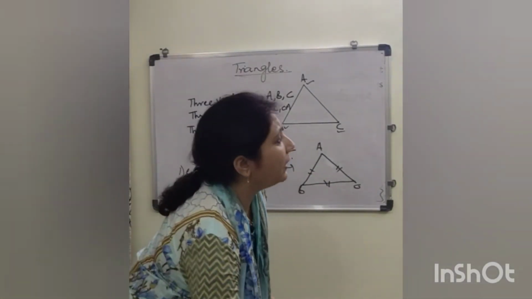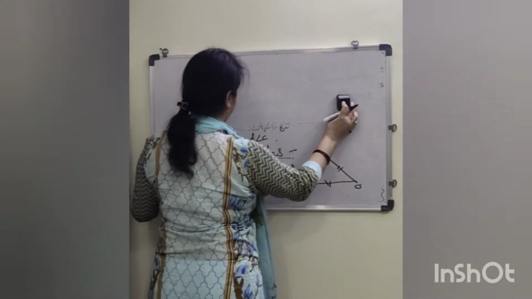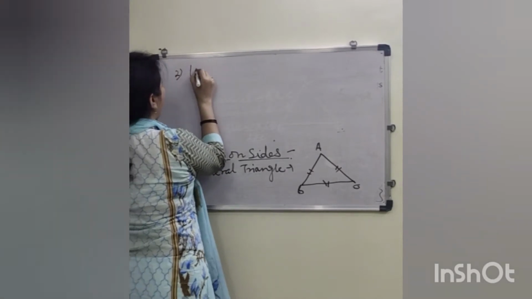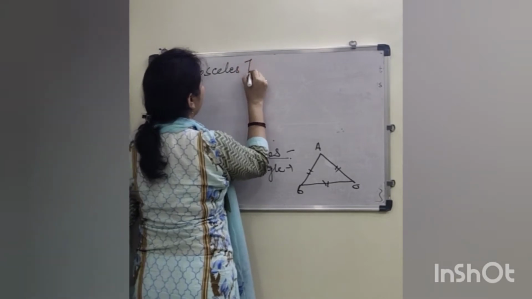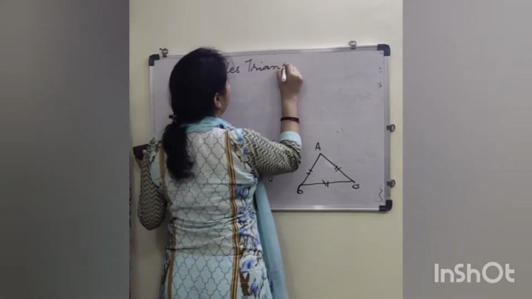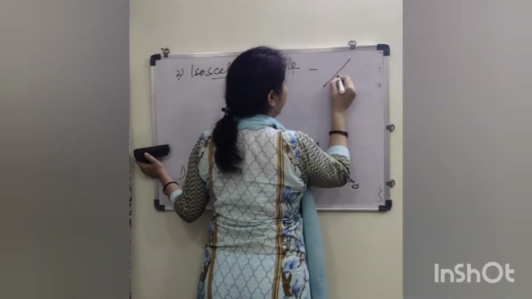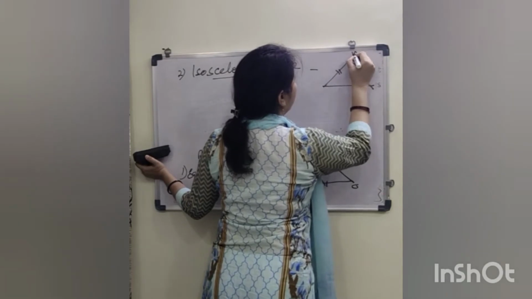The second comes isosceles triangle, it has got two sides equal.